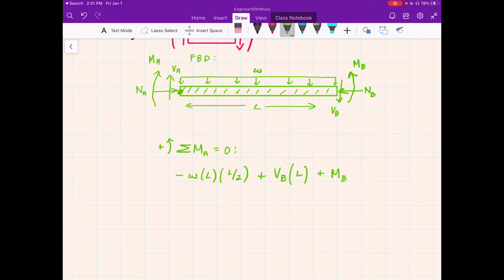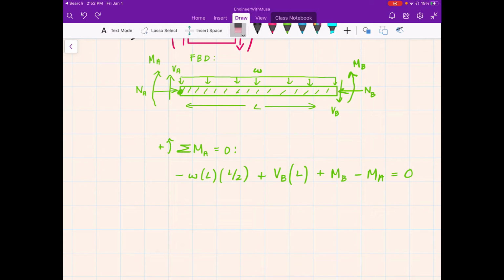And lastly, we have the minus MA right over here, and that one has a negative sign.